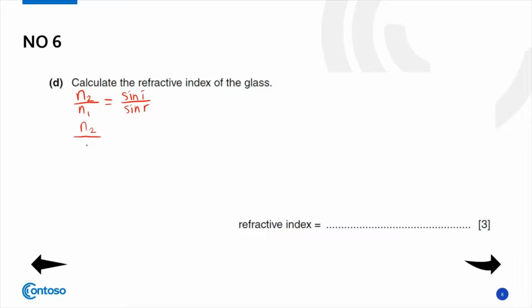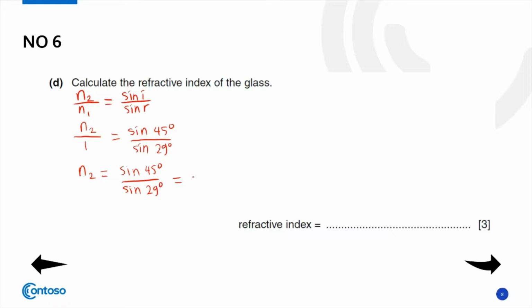N1 is the refractive index of the air, which equals 1. The angle of incidence is 45 degrees. So N2 over 1 equals sine 45 degrees over sine 29 degrees. So now we have N2 equals sine 45 degrees over sine 29 degrees.